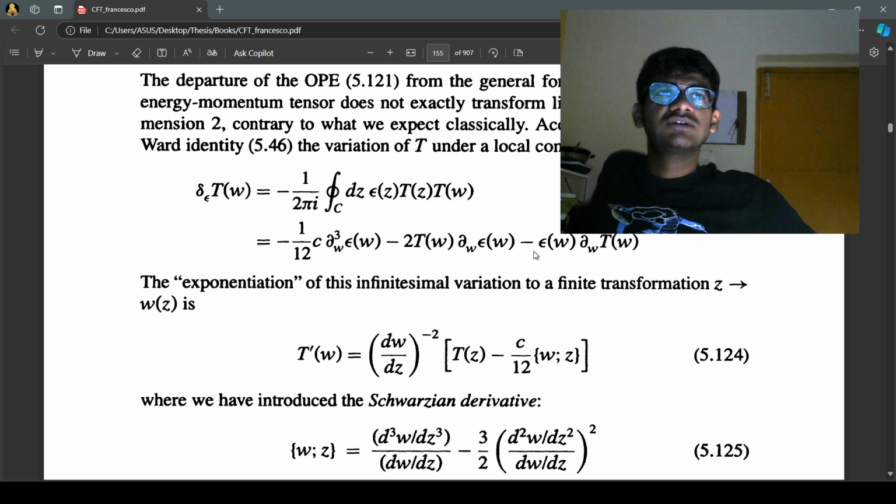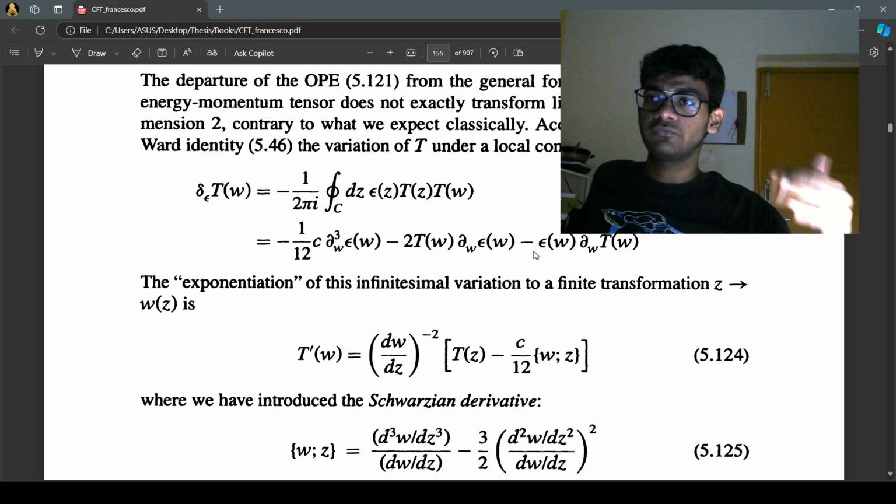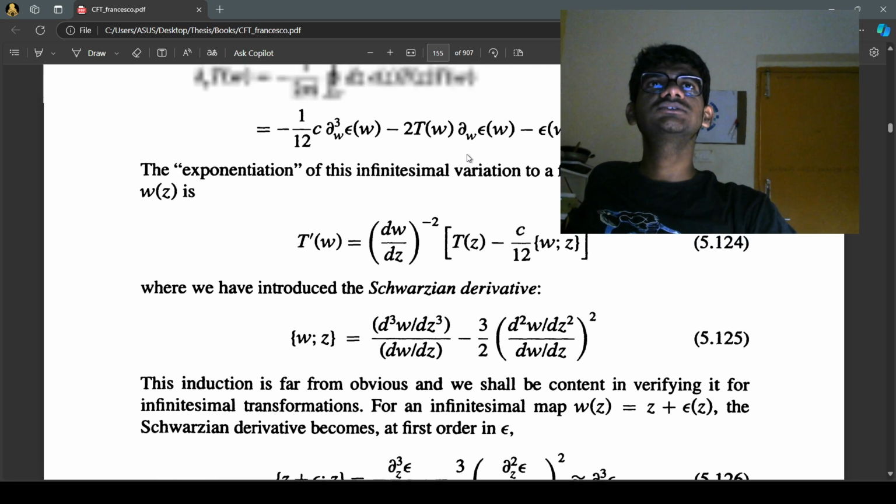It has to be because it's a conformal transformation in 2 dimensions, and you exponentiate this. This is a very non-trivial calculation that even they admitted, and provided a way to see this.